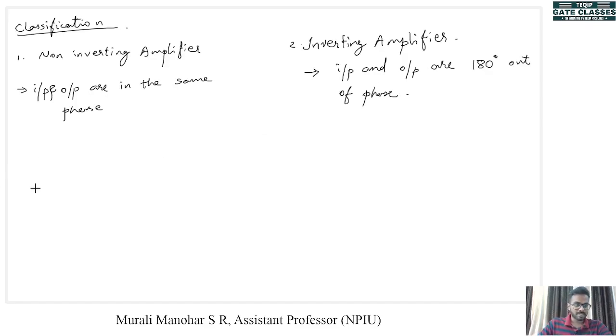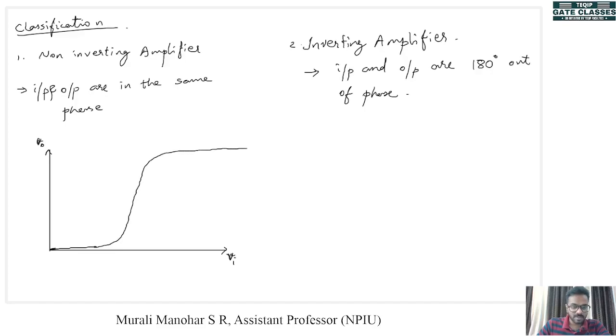We can draw the characteristics, that is input and output voltage characteristics. I am only considering voltage amplifiers here. So this is our input and output. Okay. Now, as input increases, the output either remains 0 or changes by a small value, and after that it increases, and finally it reaches a constant value.